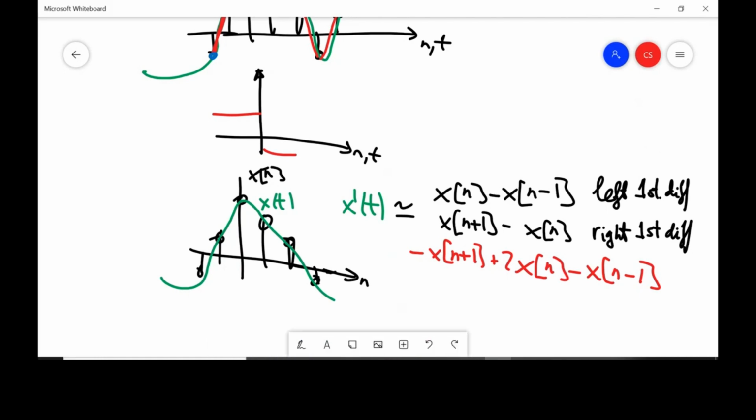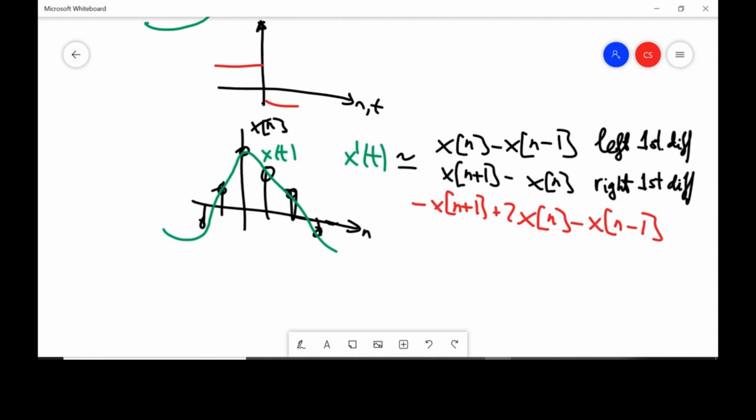To evaluate the derivative at the point, you need the point at the left and the point at the right. And it makes sense. If I want to evaluate the slope of this green curve at this location, then if I take the information from both sides of that location, I have this information.